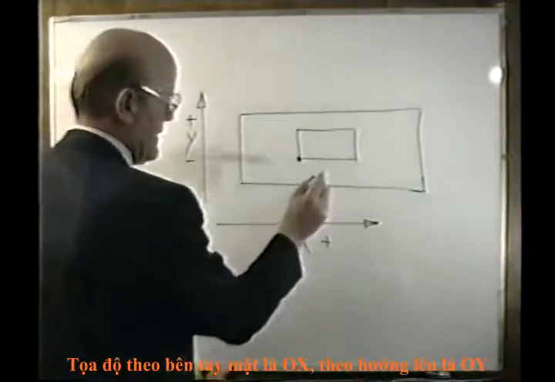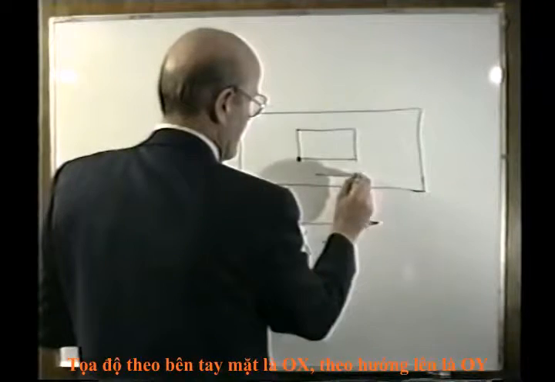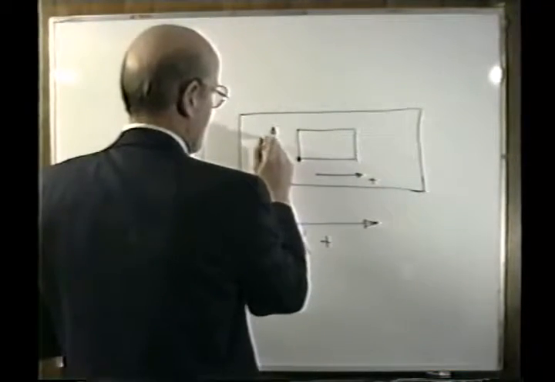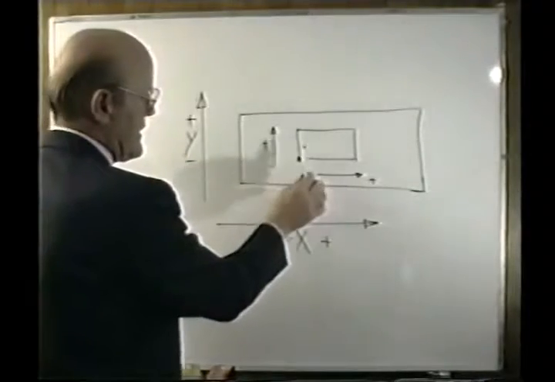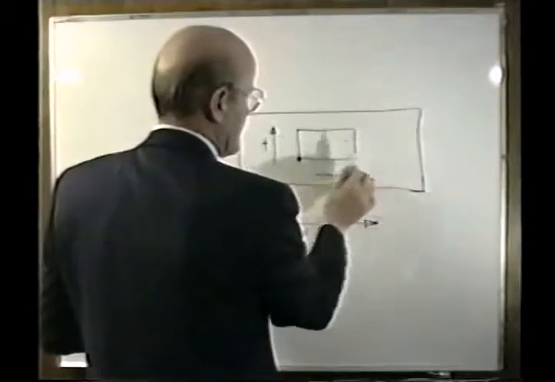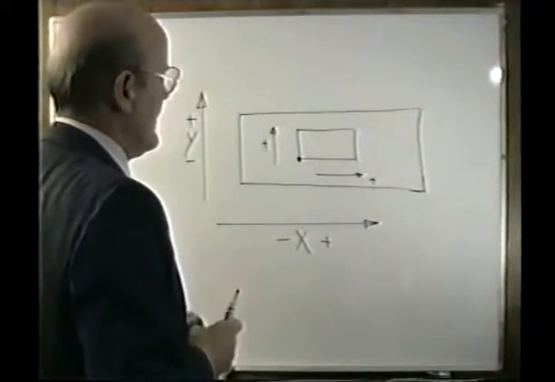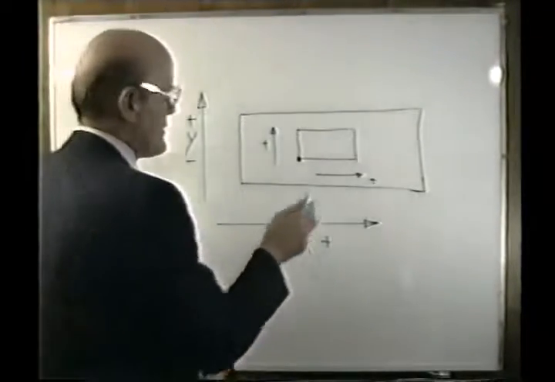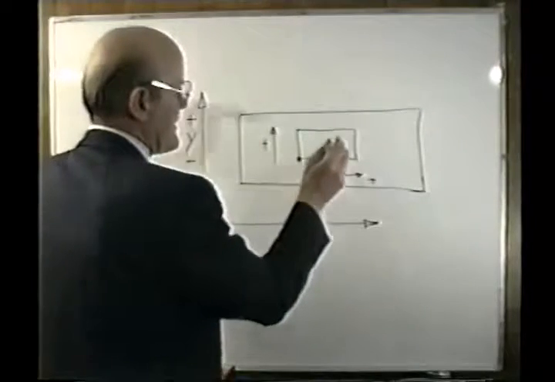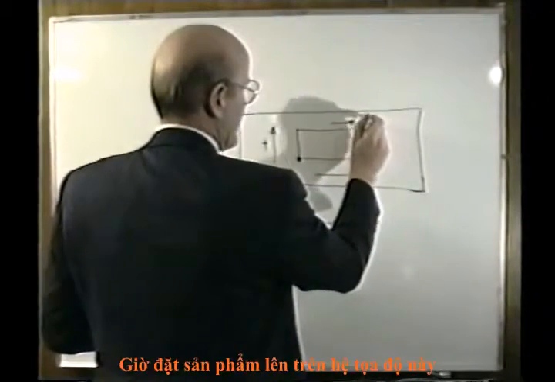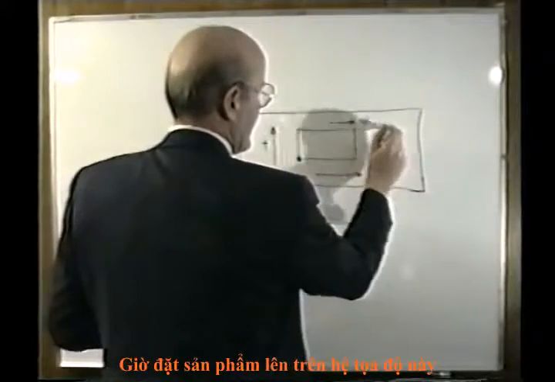The reason would be that this is now positive and that this is positive. And if we start counting from here, all our numbers would be in the positive direction and in the positive direction. So let's assume that on this particular part, this side is 4 inches long and this side is 2 inches high.